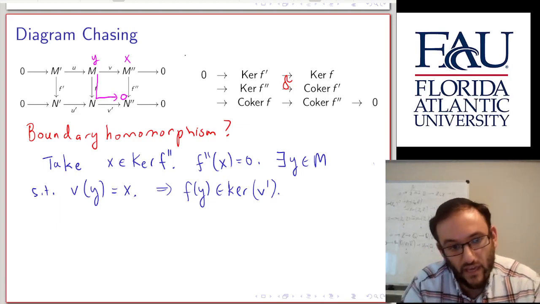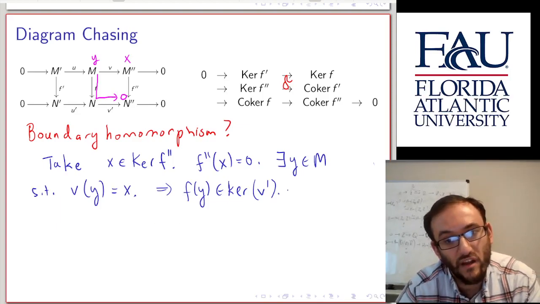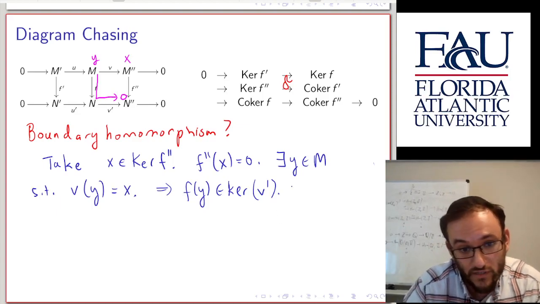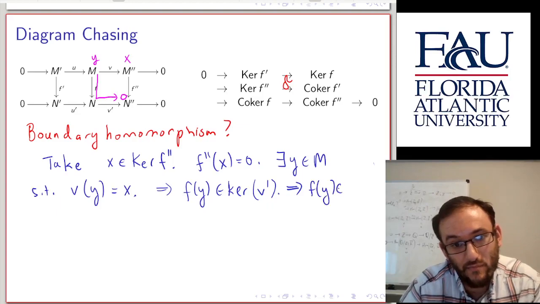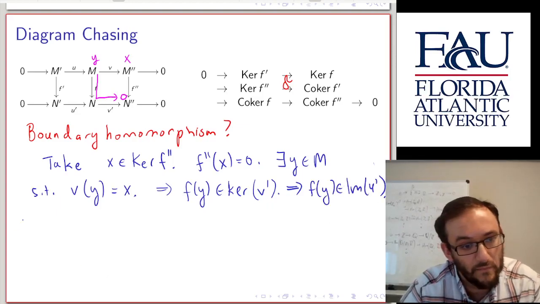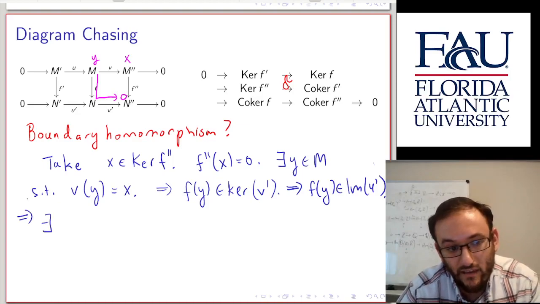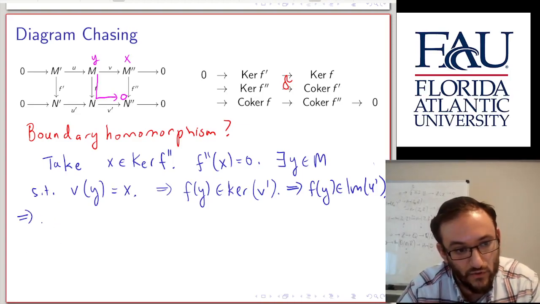So now we have f of y in the kernel of v prime, but we know by exactness of the lower sequence that that means that f of y is also in the image of u prime. Okay, so let's also note that u prime is injective. Also u, but u prime certainly.